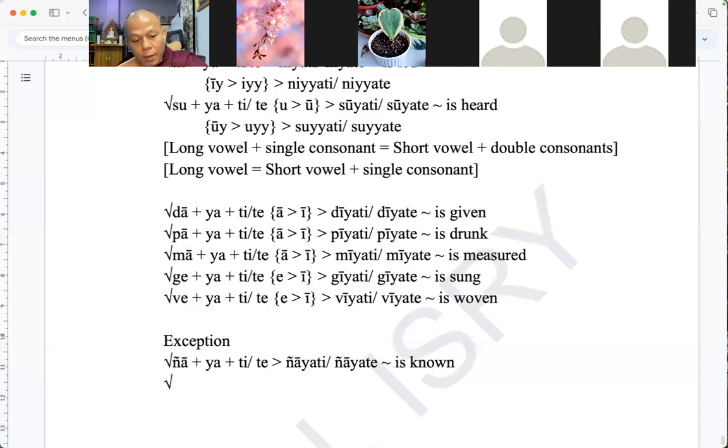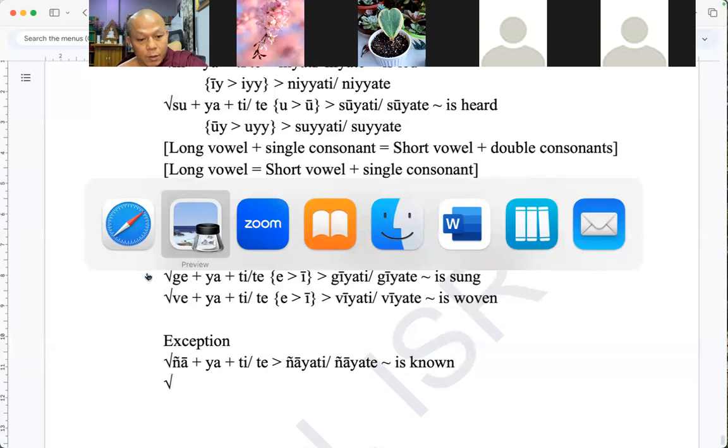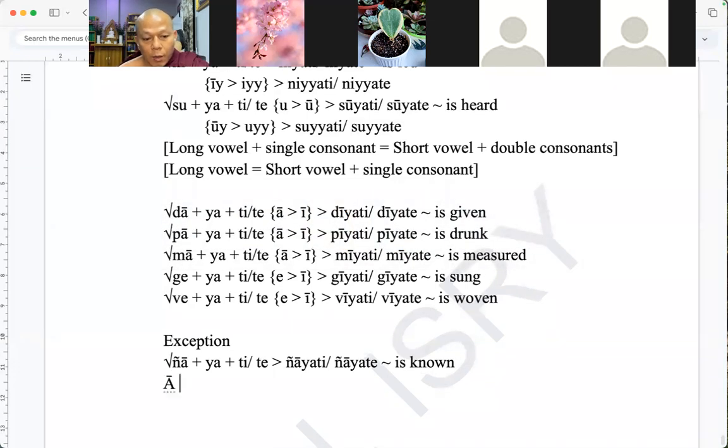And another exception: R prefix, root car, and then ya, and then D. Nothing changes, only so eka ye D, maybe it's spoken.